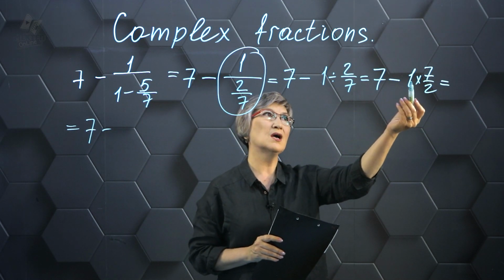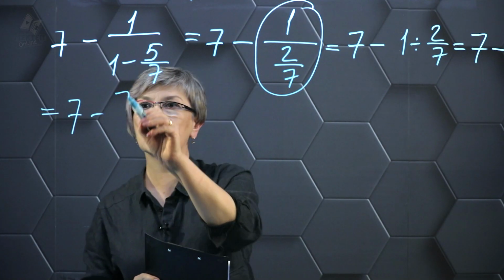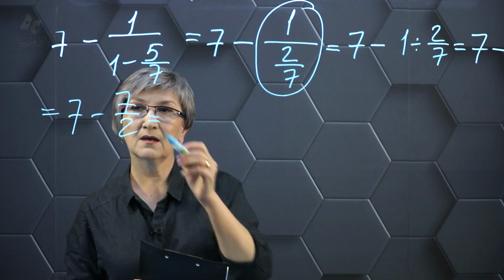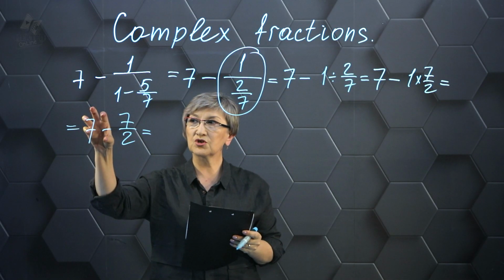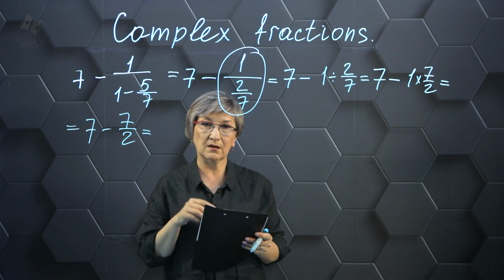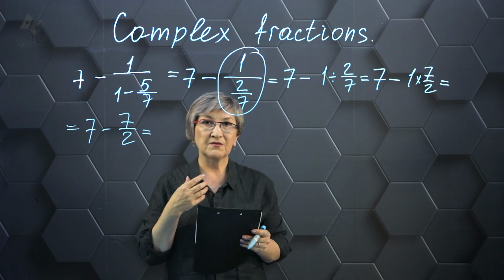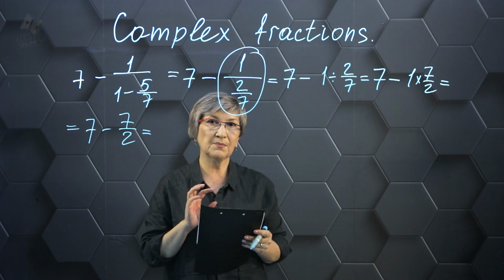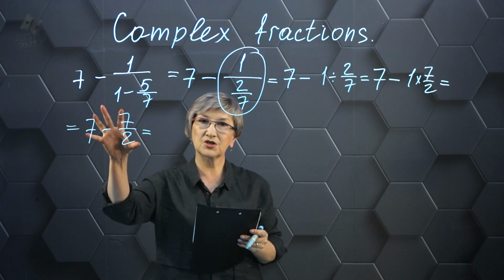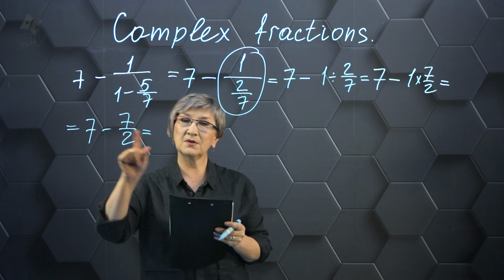7 minus 1 times 7/2, that's 7/2. In this case, we need to subtract 7/2 from 7. You can do that if you bring it to a common denominator. Let me show you different ways to solve this example. 7 minus 7/2.